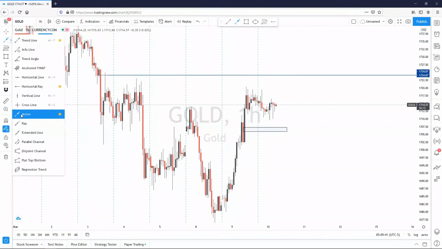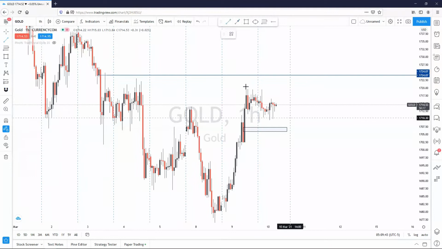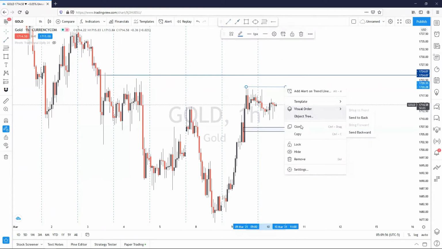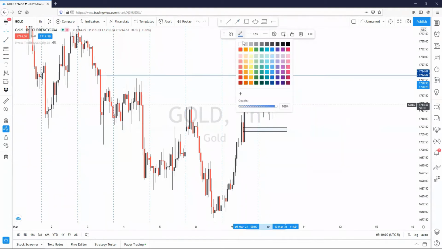We're going to be targeting this right here. That's the high right there. I'm going to change the color to a darker one.